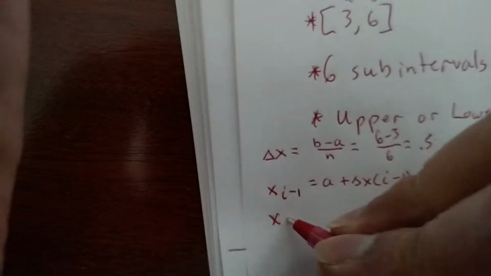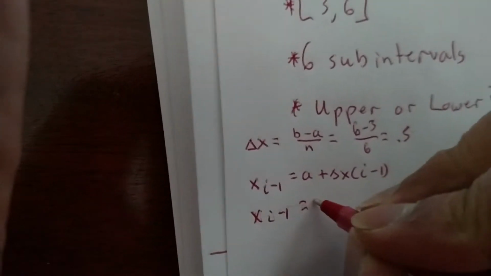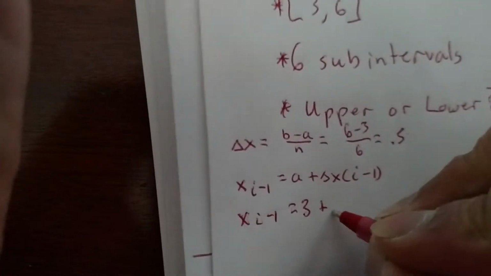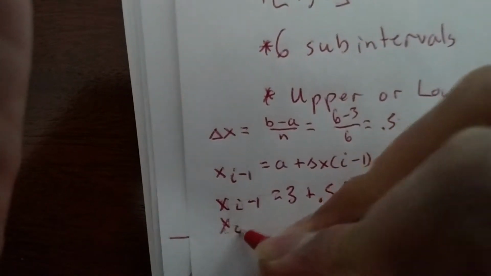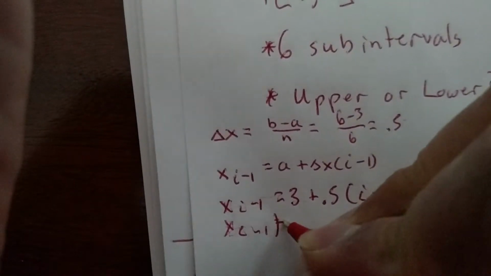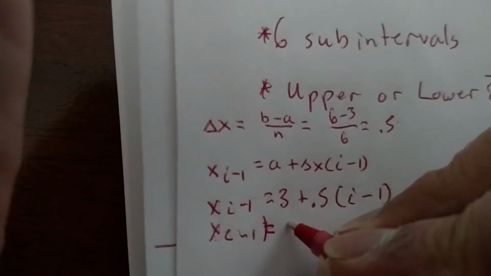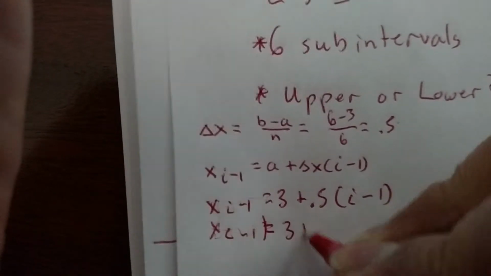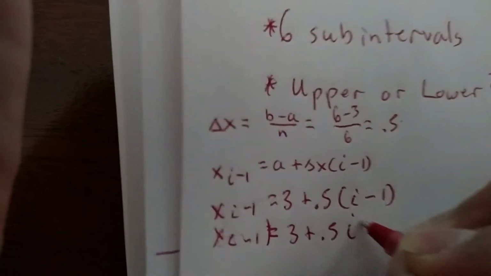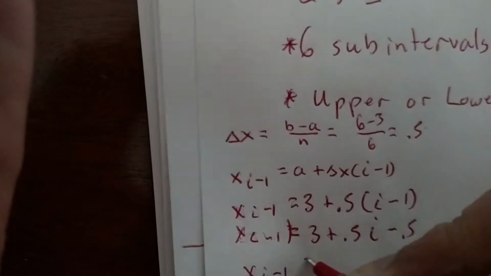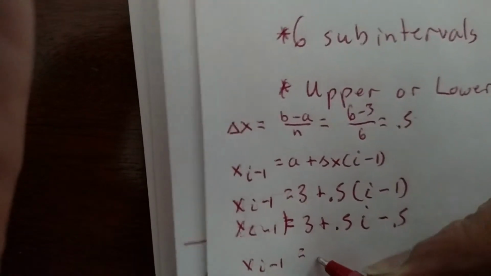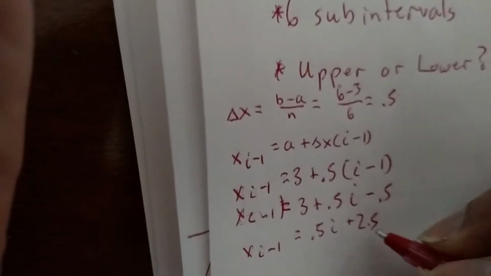So a is 3, delta x is 0.5, i minus 1, so x of i minus 1 is 3 plus 0.5 times (i minus 1), which is 3 plus 0.5i minus 0.5, so x of i minus 1 is 0.5i plus 2.5. I don't mind if you use decimals every now and then.